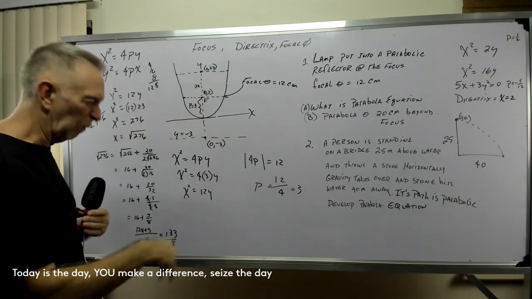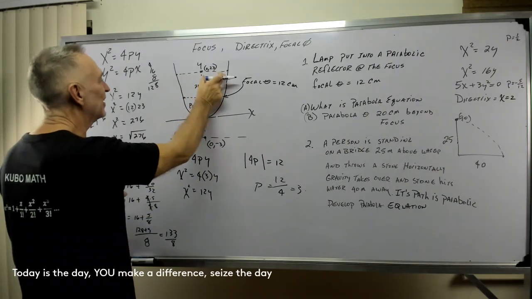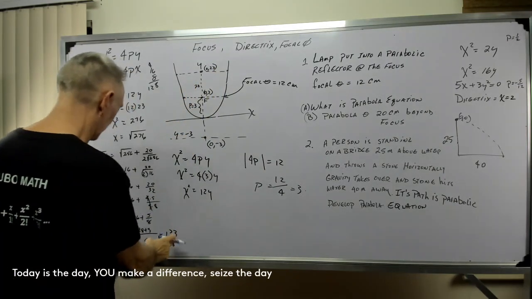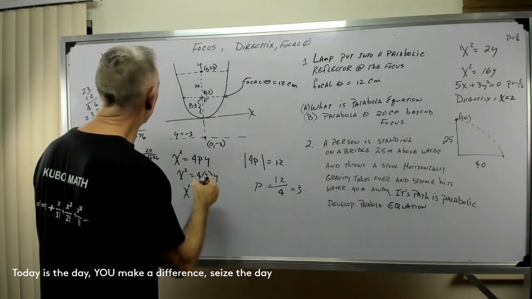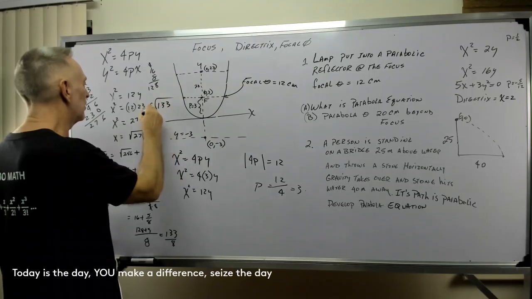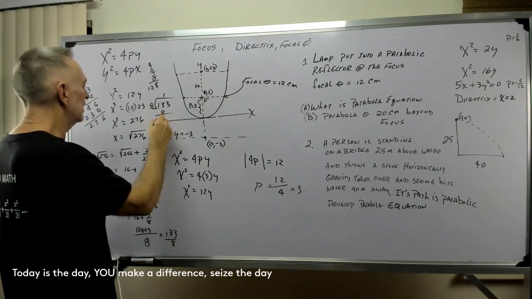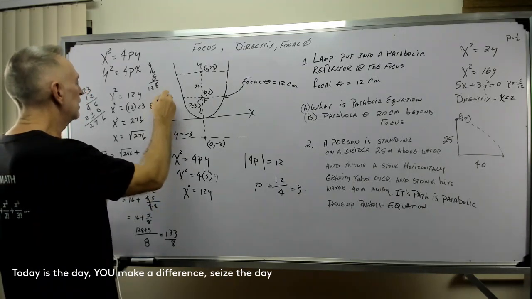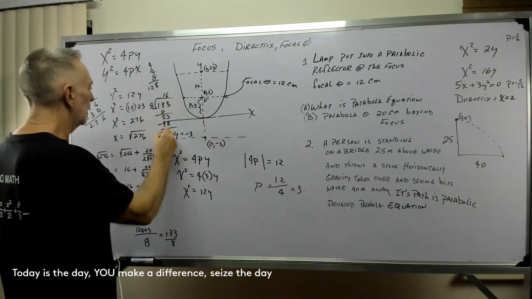You're probably thinking, what does that mean? Well, that means that distance right there is 133 over 8. Well, what is 133 over 8? Okay, I'll play along. 133 over 8. 13 divided by 8 is 1, leaving 5.